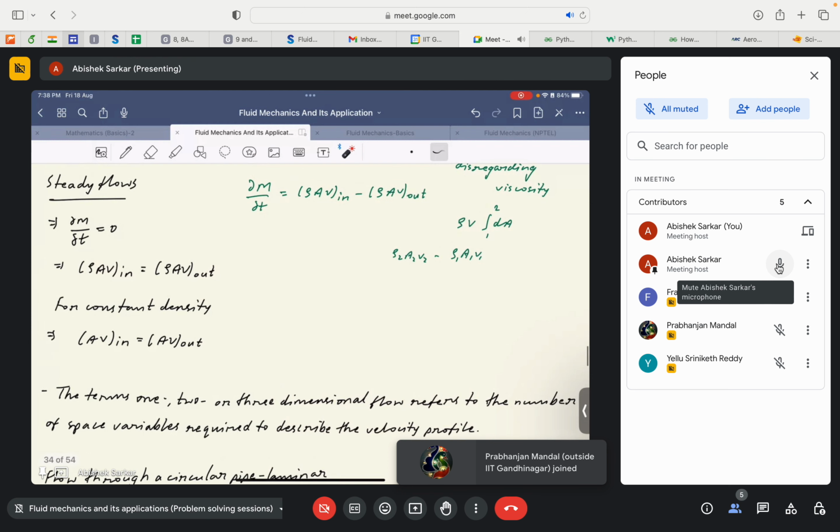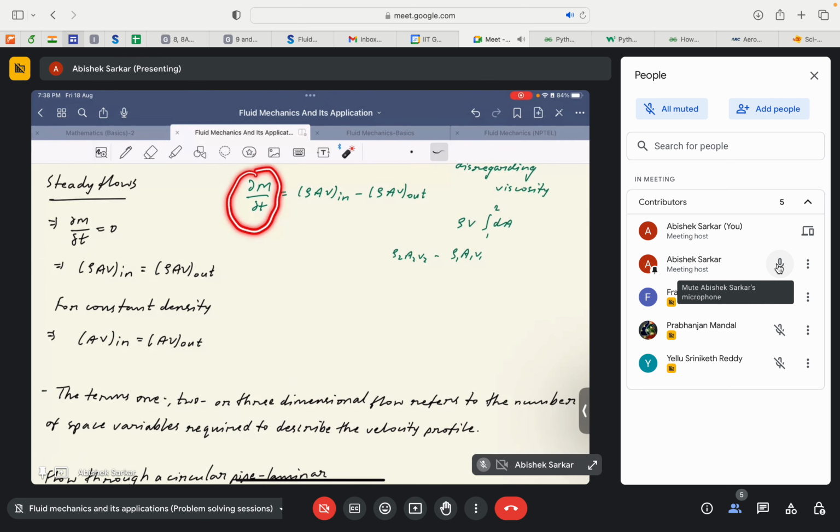So that's the simplification. For steady flows, since the flow is steady, the local derivative with respect to time would be 0. If this term goes to 0, we can say that rho AV in is equal to rho AV out.